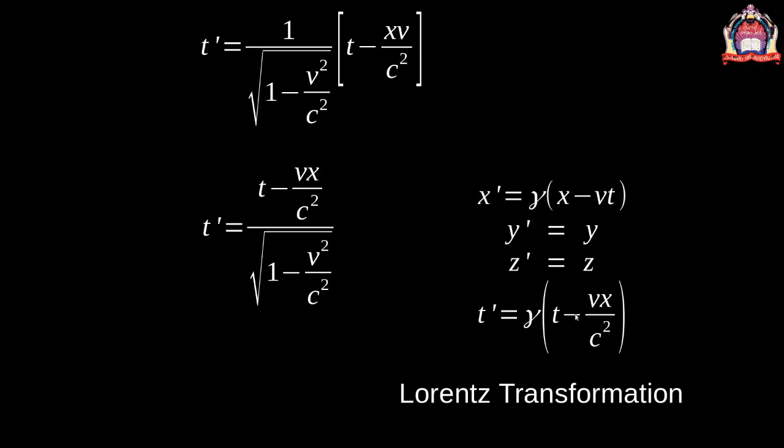So these equations, x dash is equal to x minus vt, y dash is equal to y, z dash is equal to z, and t dash is equal to t, are the Galilean transformation. Thus for low values of the velocity v, the Lorentz transformation approaches the Galilean.